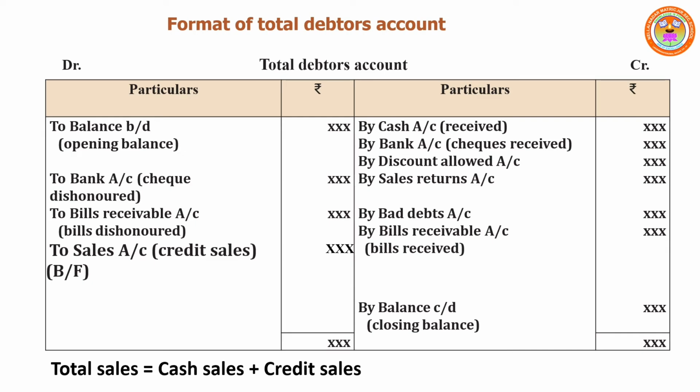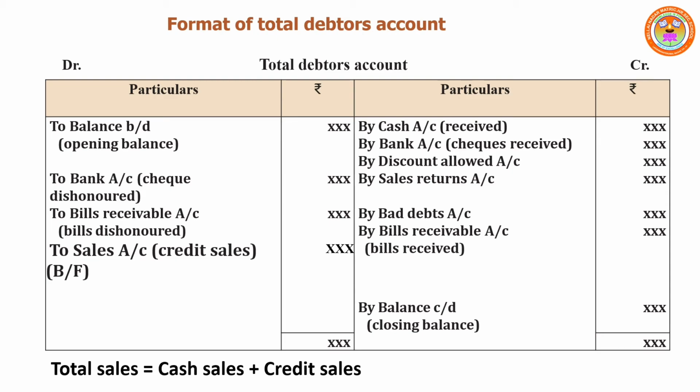So balance brought down, debtors beginning value, opening value. Here beginning value we are going to write. The next one, to bank account, if any cheque is dishonored, should be written here. Then bills receivable account, any bill dishonored amount should be written here. Then move on to credit side, by cash account.